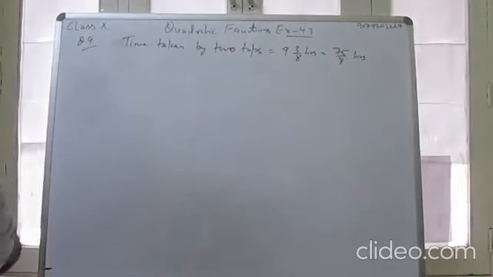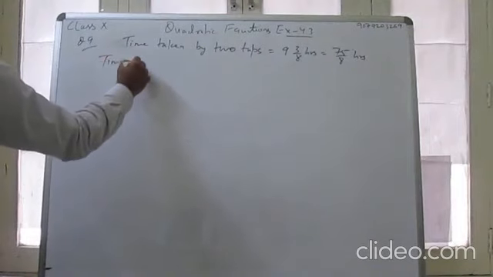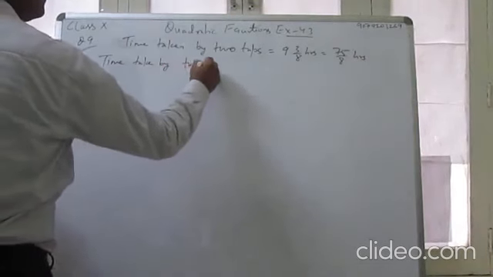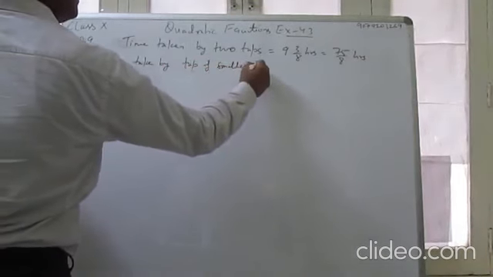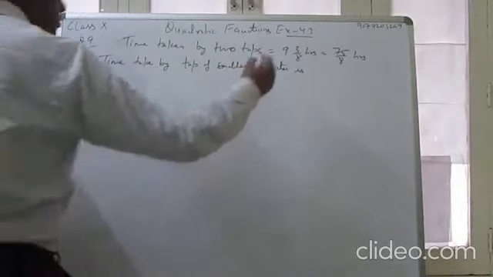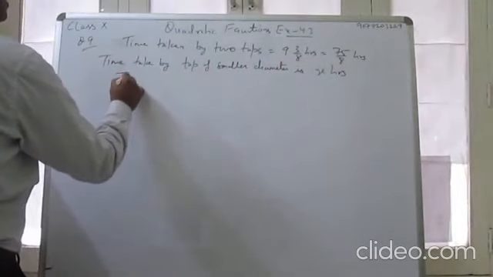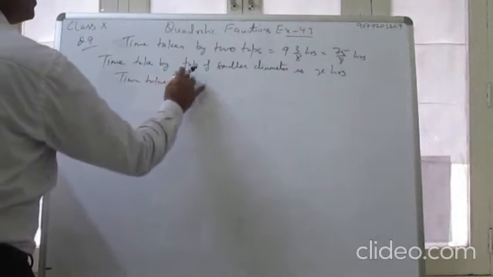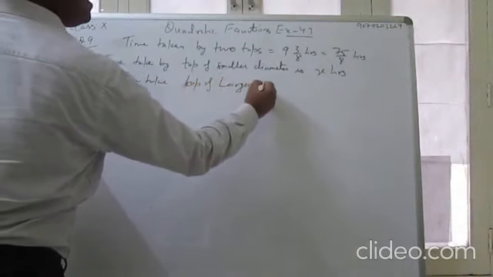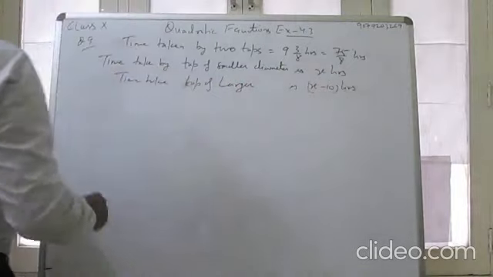Now the time taken by the tap of smaller diameter is x hours. The time taken by the tap of larger diameter is x minus 10 hours. This is given to you.